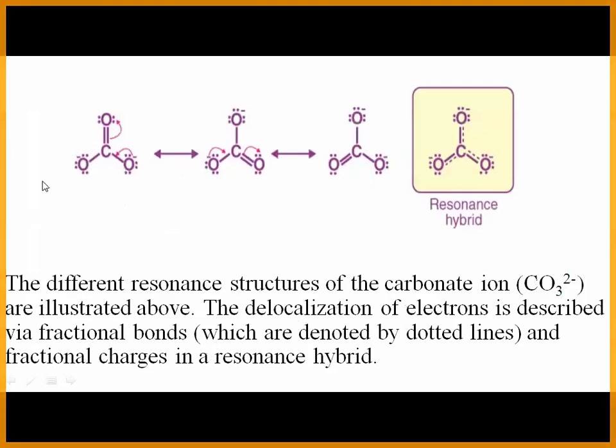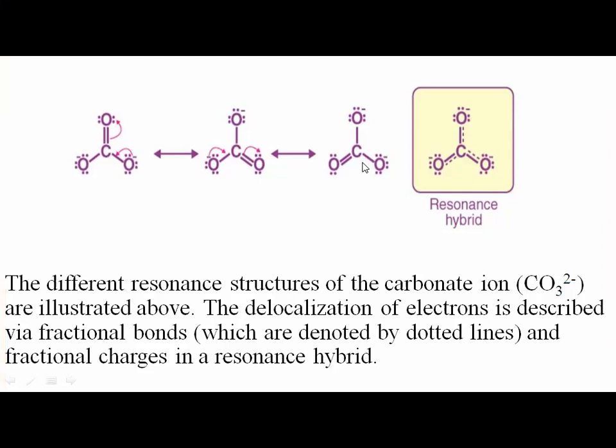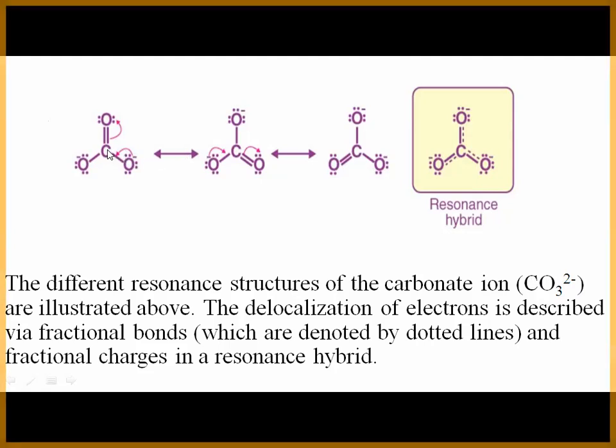So here you can see the structure of the resonance hybrid. These are the different resonance structures for the carbonate ion, CO3 2-. You can see the positive charge is on the electropositive atom, negative charges are on the electronegative atoms. They are not separated very far.